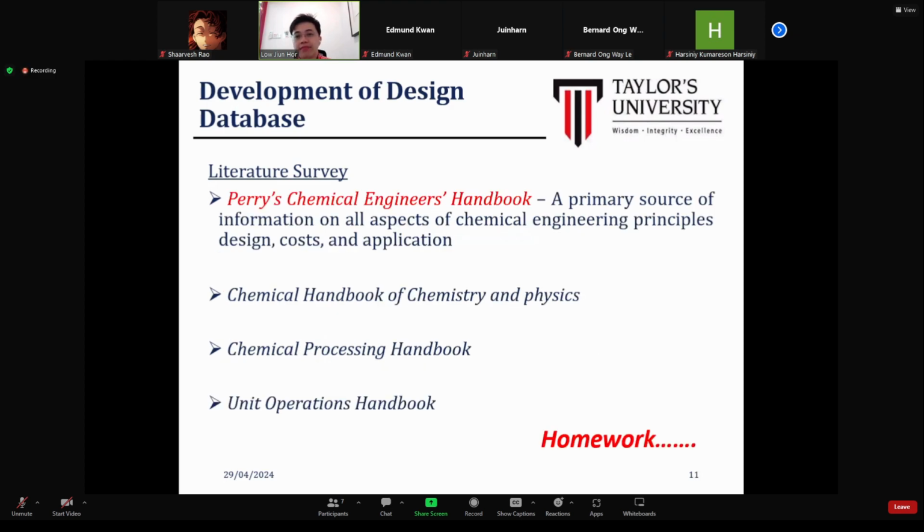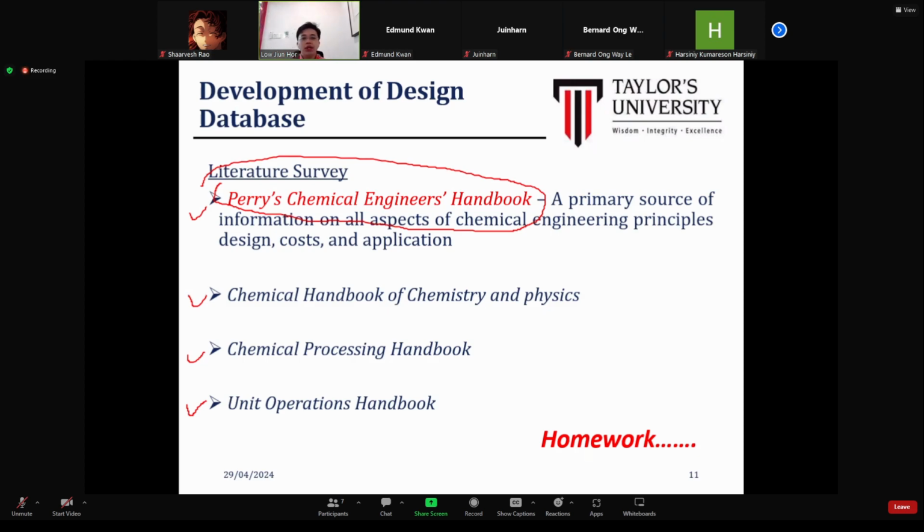So besides that, here are also some of the reference books that, as a chemical engineer, we can refer to in order to design our chemical plant or unit operation. Among these handbooks, the first one is actually the most important handbook that we normally refer to as a chemical engineer.